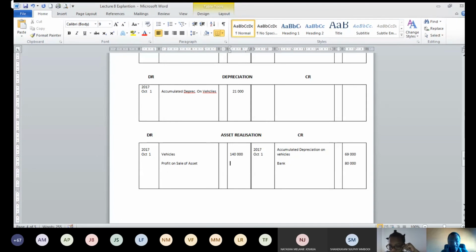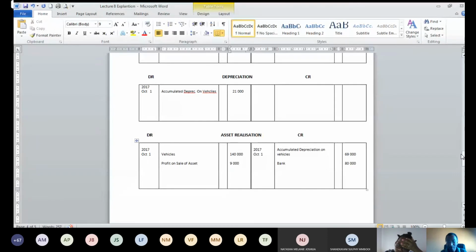And I will have an account called profit on sale of asset, and that account must be credited. However, that account is not required, so I'm not going to show that account now in my ledger.